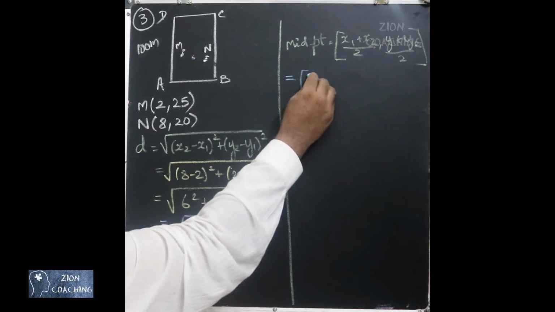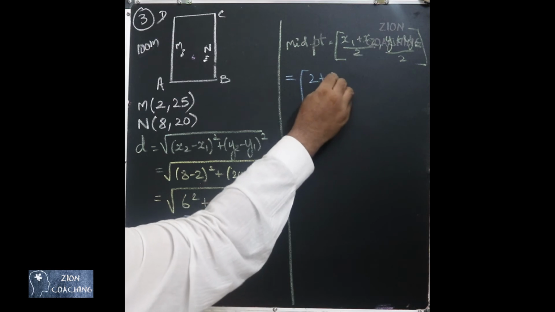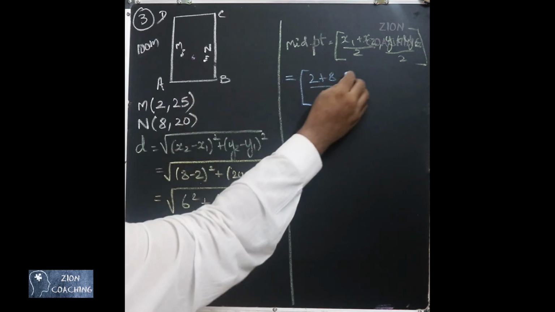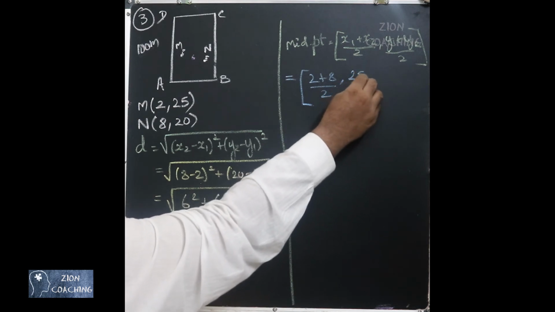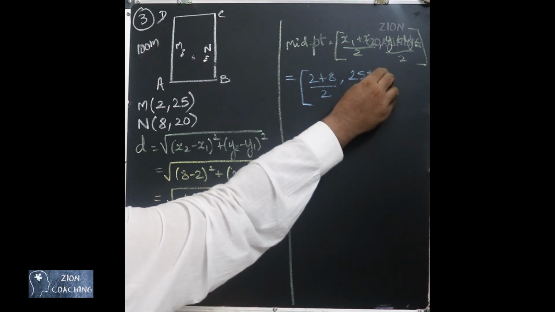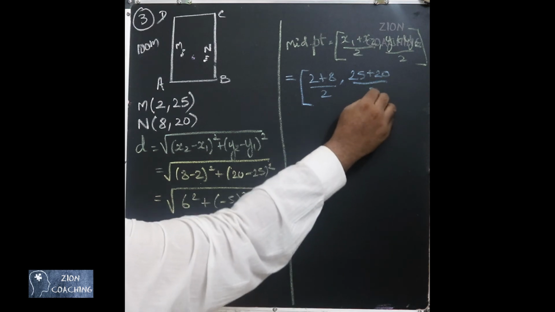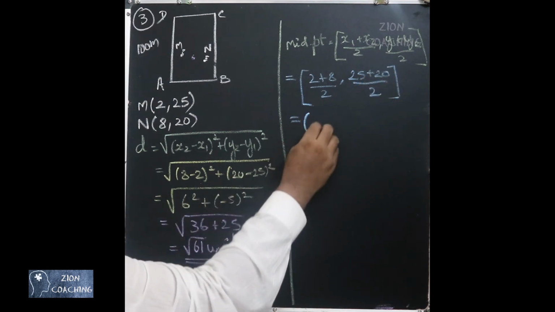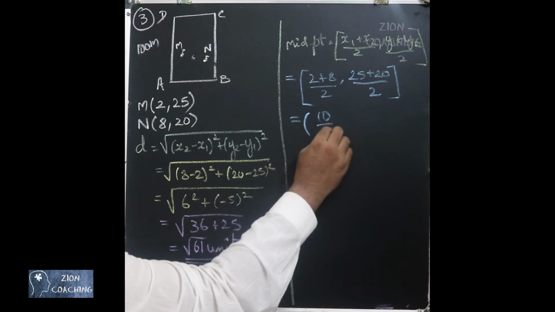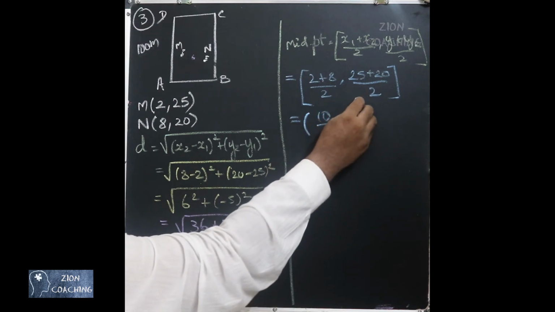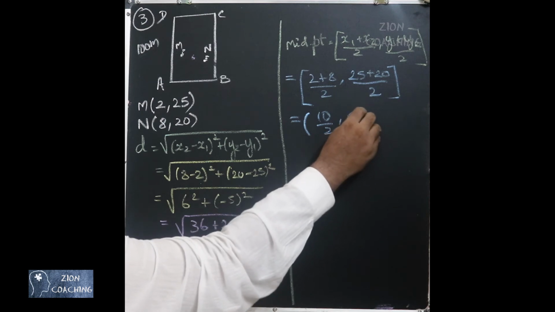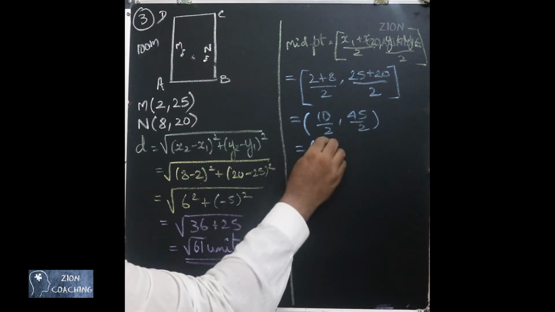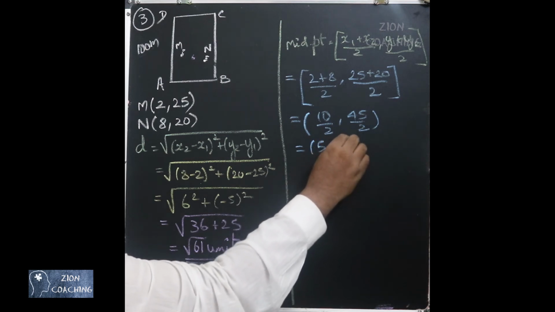So we are going to have (2 plus 8) divided by 2, comma (25 plus 20) divided by 2. So that is going to be 10 by 2, comma 45 by 2, which is nothing but (5, 22.5).